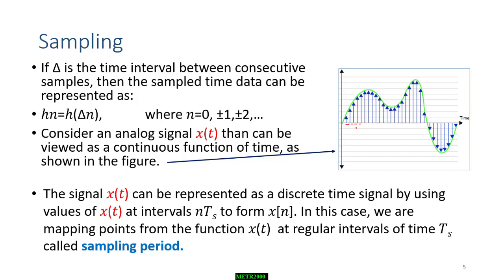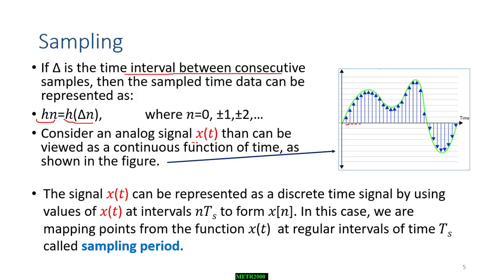The more samples we get, the better our digital signal represents our analog signal. So if delta is the time interval between two consecutive samples, then the sample can be represented as h of n is equal to h of delta n. Now, h of n is our analog signal, and h of delta n is our digital signal.